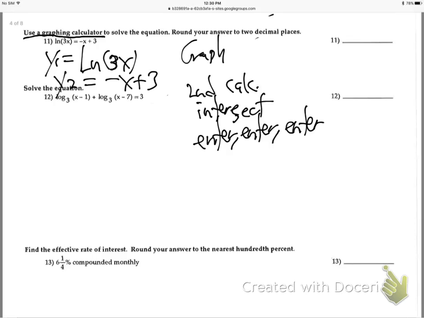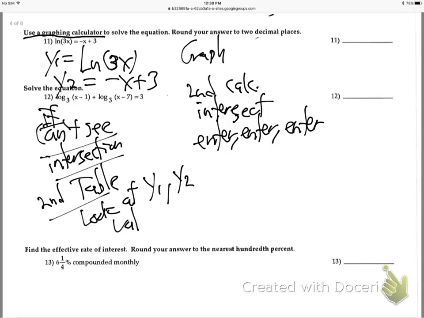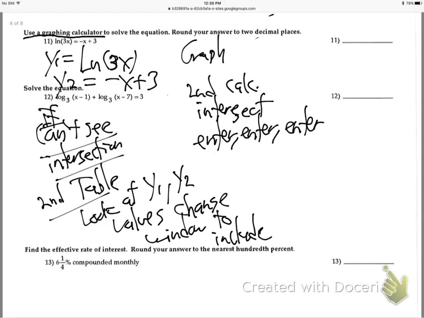Now, what if you graph and you see nothing, or you just see one line, and you can't see the intersection of the two? What should you do? If you cannot see the intersection on the screen, then hit second table, and look at the y1, y2 values and change your window to include those values.